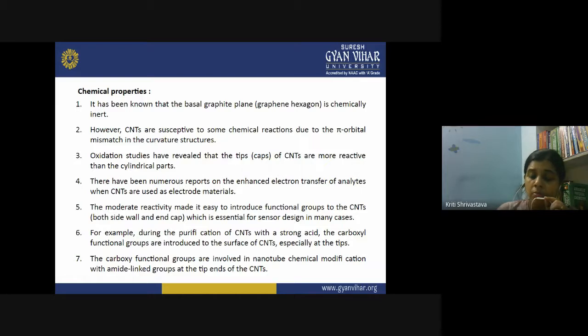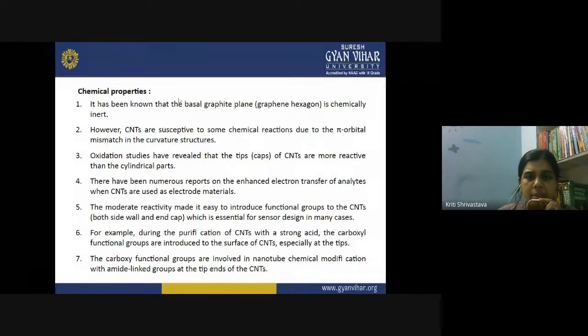So, because the carbon nanotubes are moderately reactive on their surface, we can introduce certain functional groups on their surface just to help in the design of some sensor. So that can be done by simple chemical reactions.